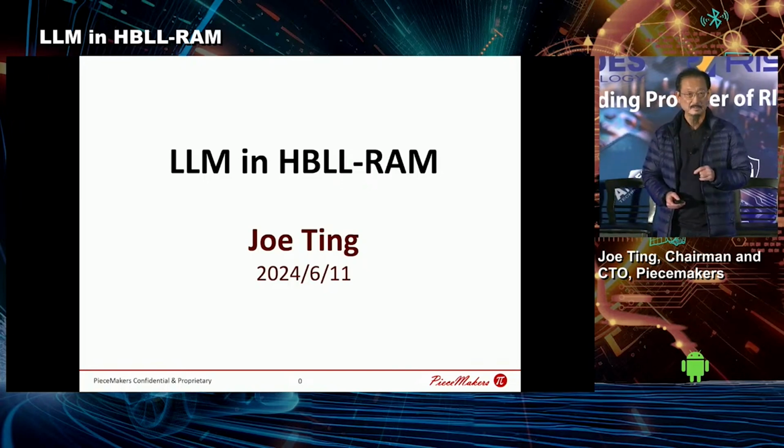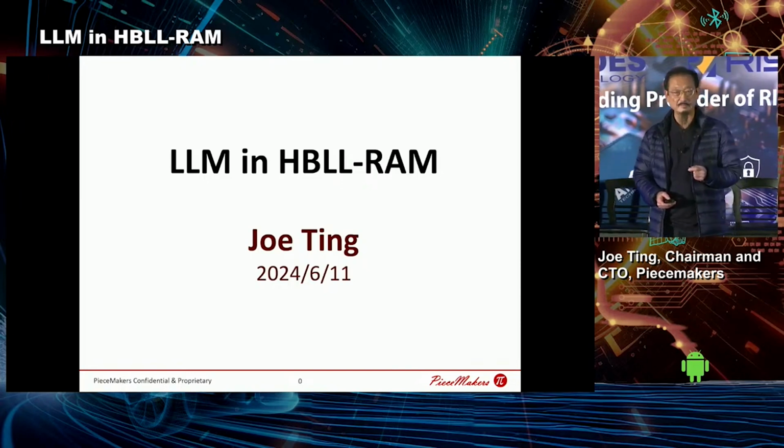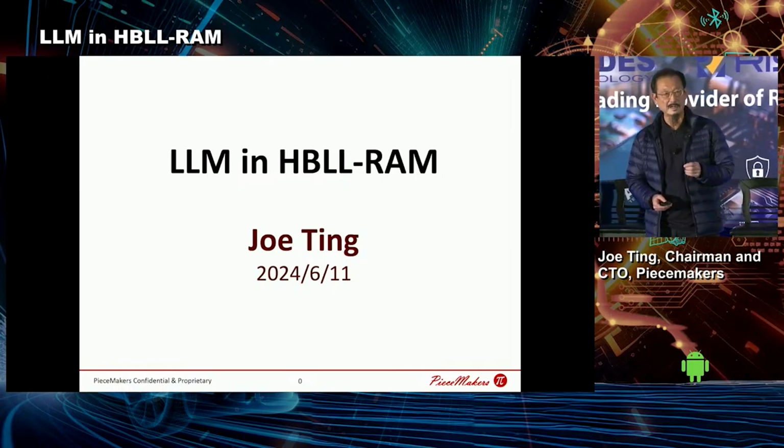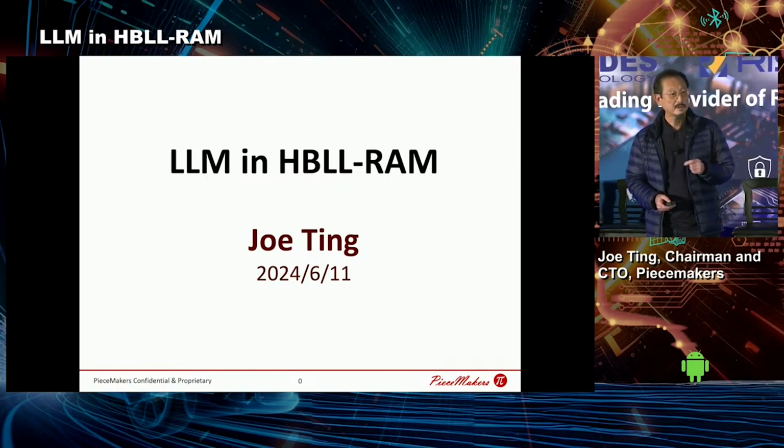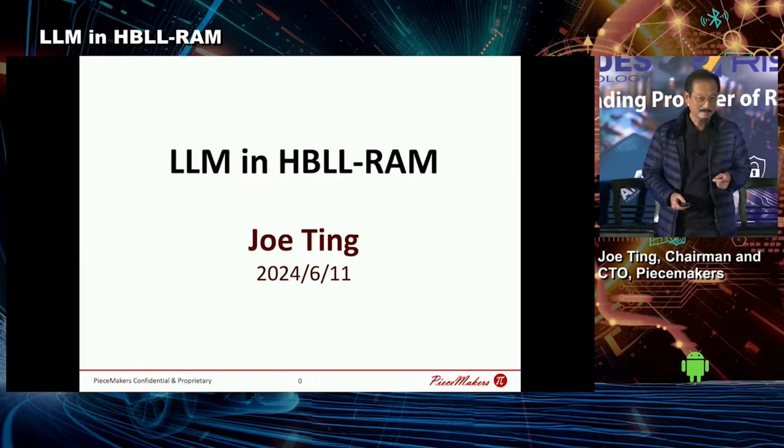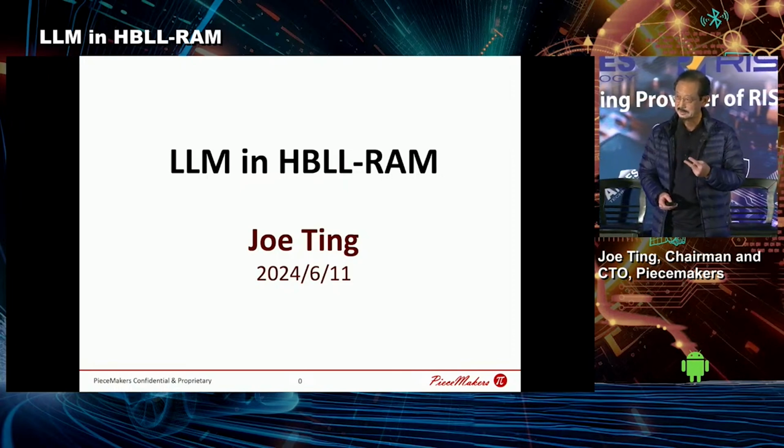HBLL RAM, compared to HBM, has 4 more characters. LL means low latency, and RA is random access, which I think is better than HBM. Two more good characteristics.